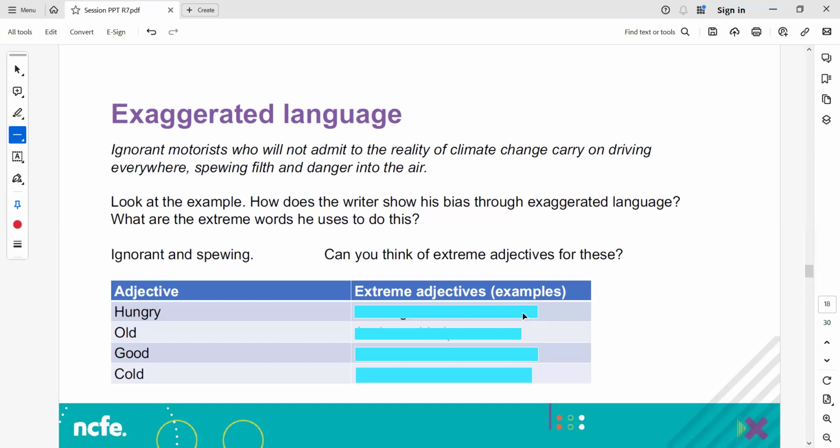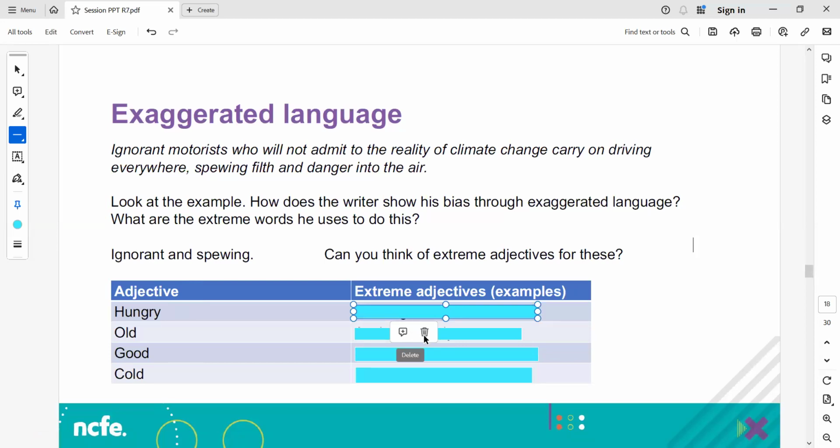So can you think of an extreme adjective to use instead of these adjectives on the left? So the word hungry, what could we use instead? Starve. Starve, yeah.